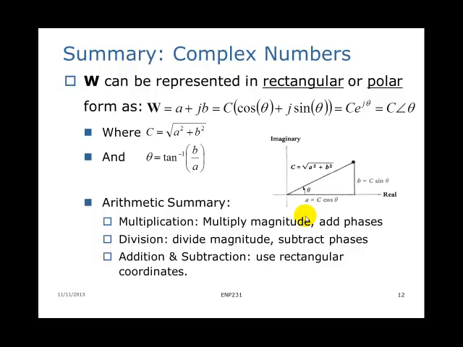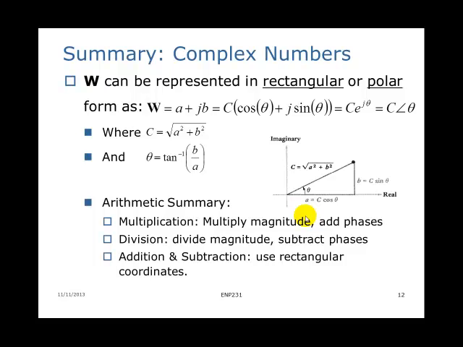So in summary, if we're given a complex number w, we can represent it in either rectangular or polar form as a plus jb, or ultimately as c e to the j theta, or written in shorthand as c angle theta.